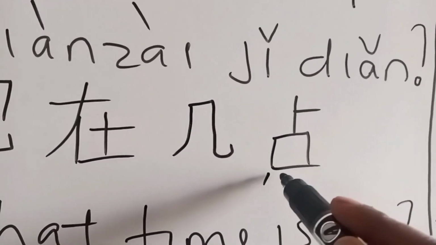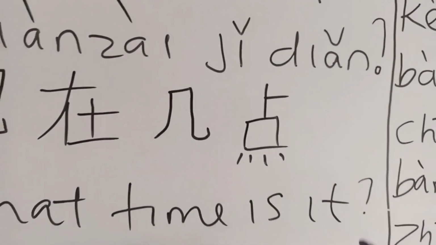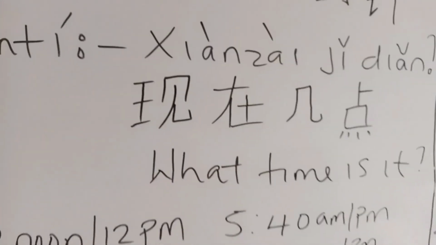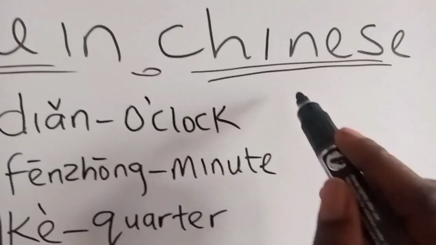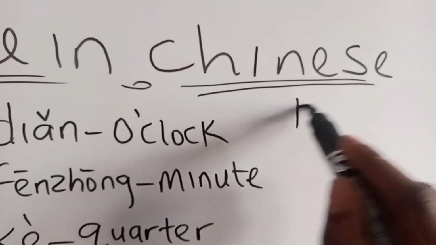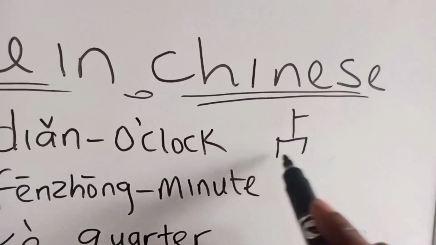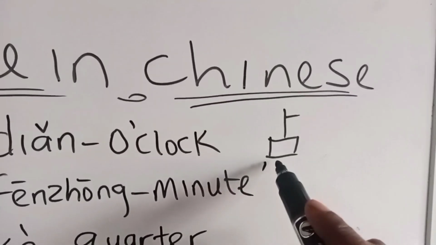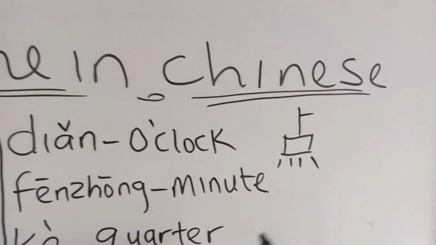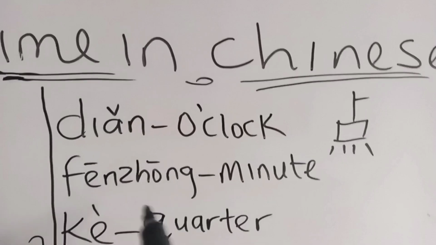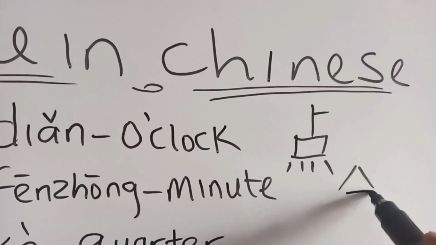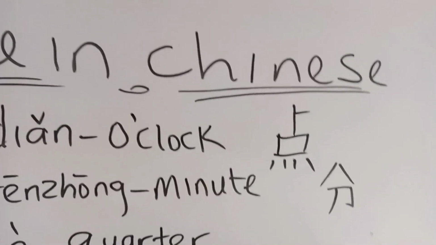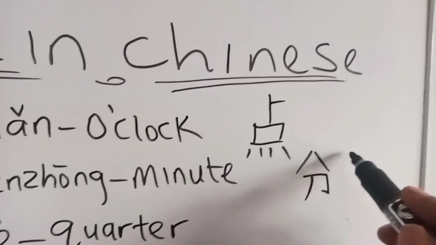This is the end. 1, 2, 3, 4. That's the end. 现在几点? So let's write the characters here. We just wrote it now. 1, 2, 3, 4. And this is Fen Zhong. This is how to write Fen Zhong. Fen, Zhong. We wrote Zhong there.